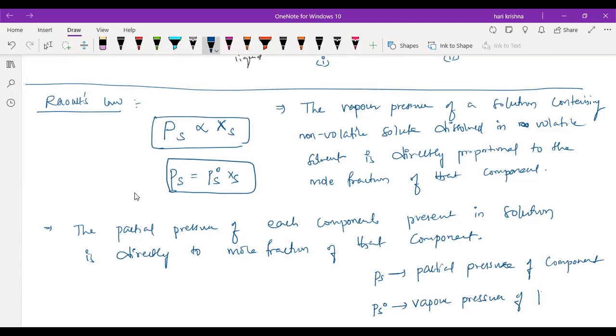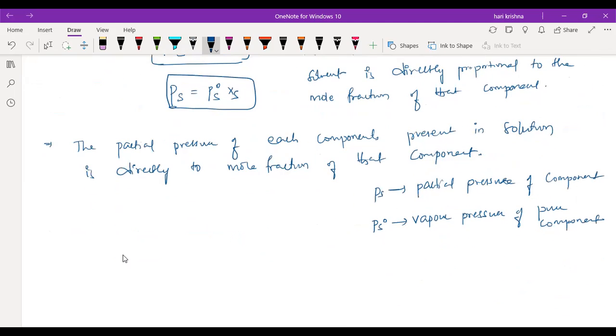Next, Xs is the mole fraction of that component. This is Raoult's law, simple. Is it clear or not?